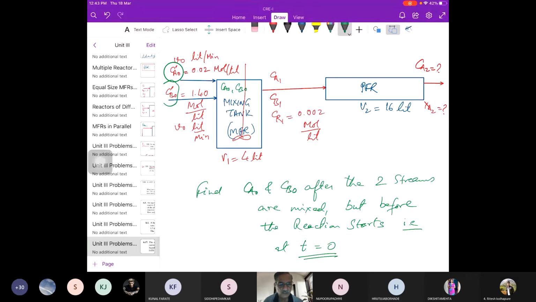Nupur, have you understood how to calculate CA naught and CB naught? Sir, I'm following, but I'm still calculating. ठीक है. How are you calculating? Trying to make sense of what's there on the screen. Makes sense. You are missing so many lectures, so it is very difficult to make sense.